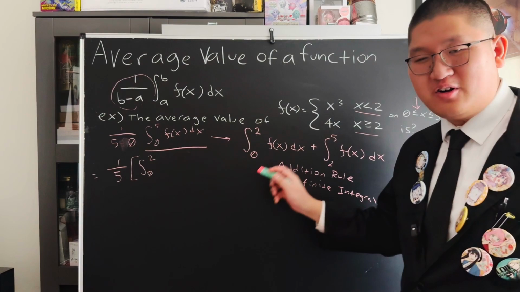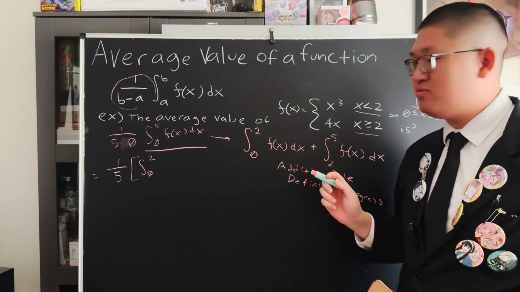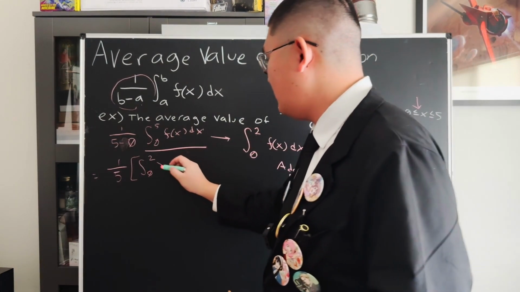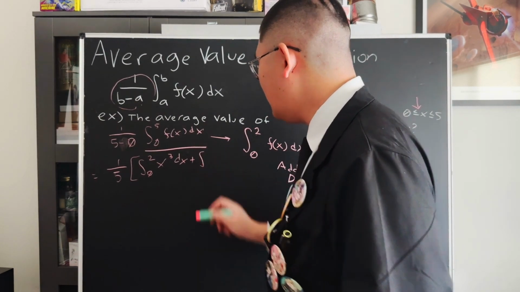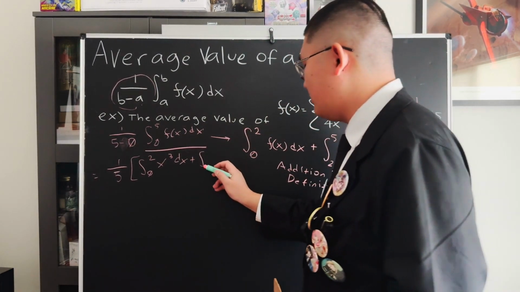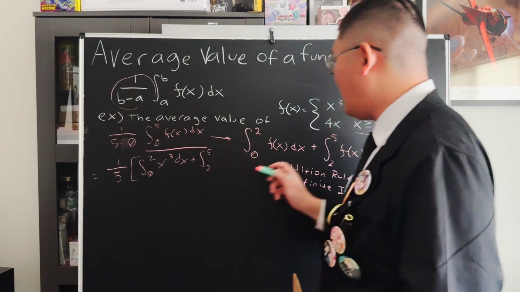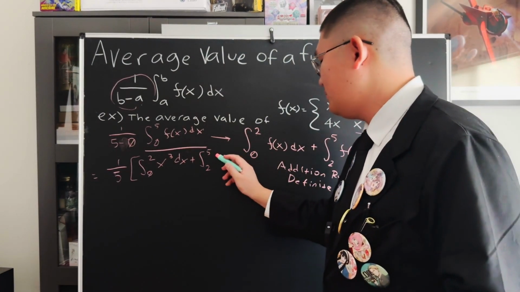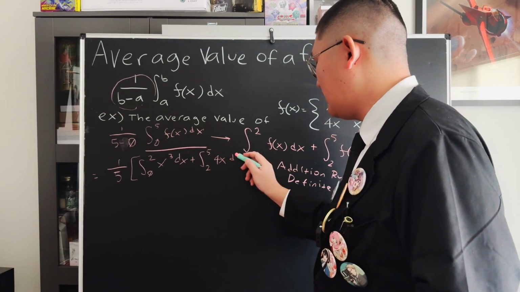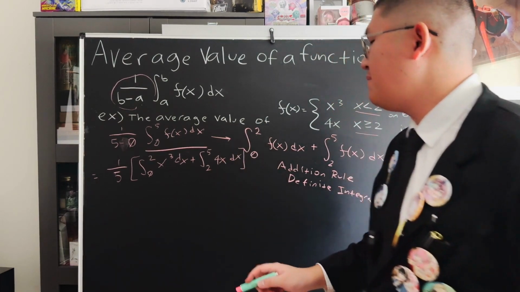Now the rule for this function going from 0 to 2 will be the top rule of x to the third power. And then we need to add that with the rest of the integral going from 2 to 5, this time of only 4x for that rule. So 4x dx, like that.